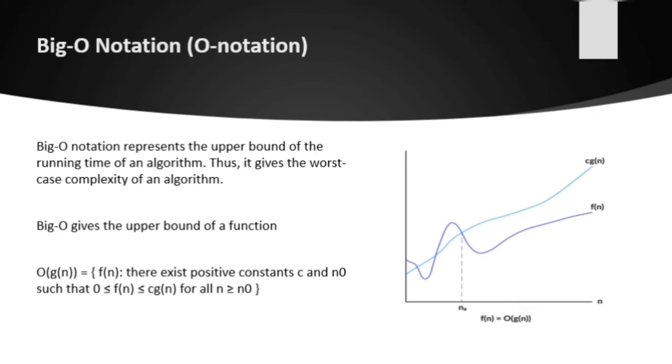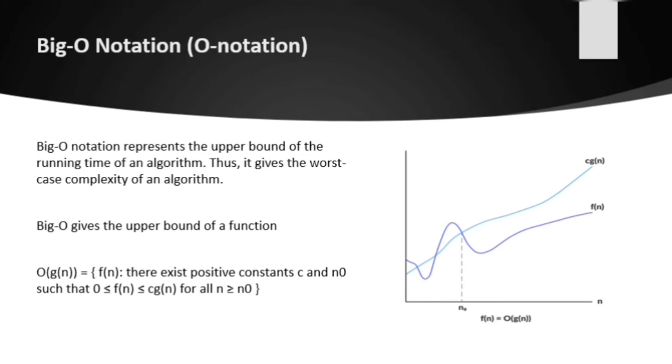Big O gives the upper bound of a function. It can be described as a function f(n) belongs to the set O(g(n)) if there exists a positive constant c such that it lies between 0 and c g(n) for sufficiently large n.